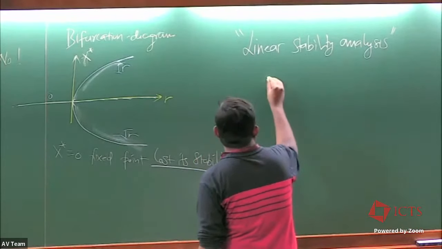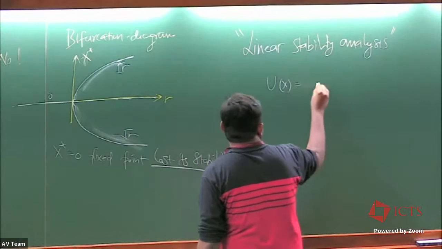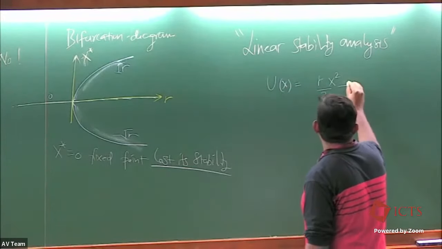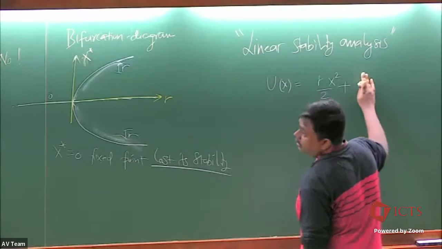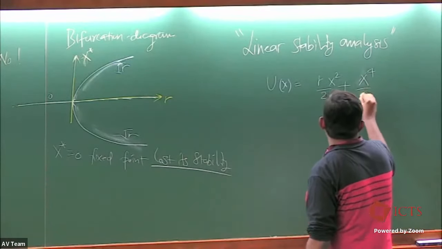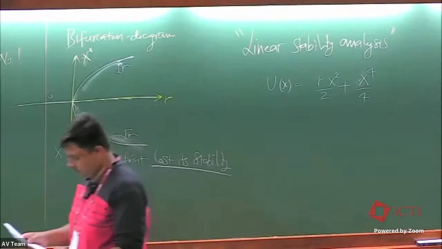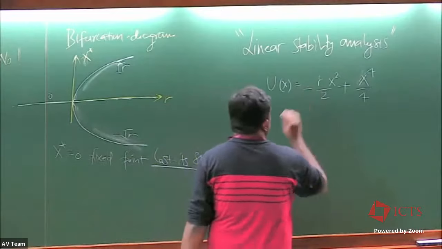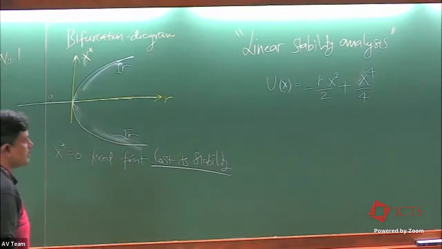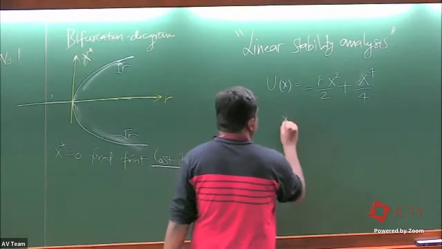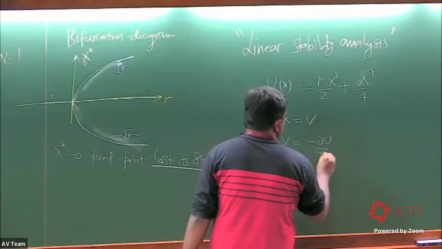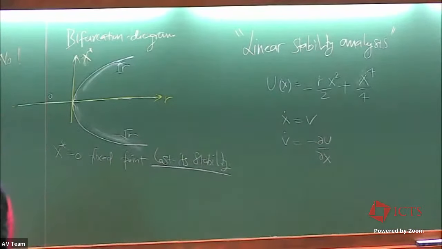Let's say I have a particle in a potential of this kind, which is r x squared by 2 minus x to the fourth by 4. Just do Newton's laws. Now we have two variables: x dot equal to v and v dot equal to minus du dx. So it's not at all difficult to figure out the dynamics of the system.